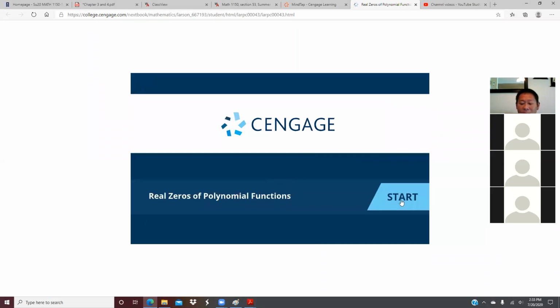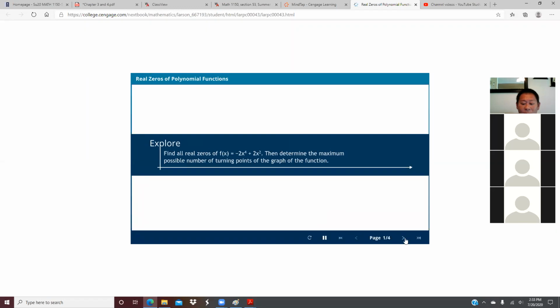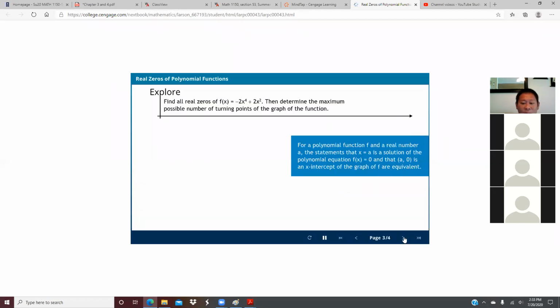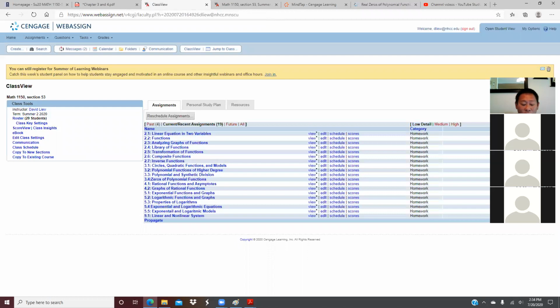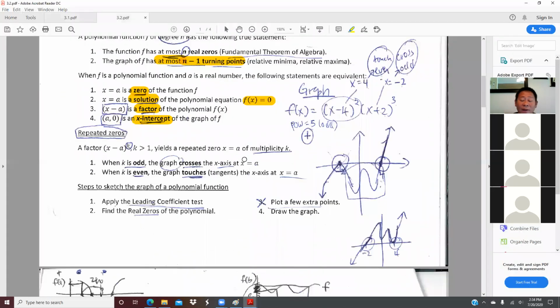I would recommend you do this, because you can read through it and play around with it, like factoring, and it will tell you what's going on. This is very important. So I recommend you finish up 3.1 and 3.2, and if you have any questions, please let me know.